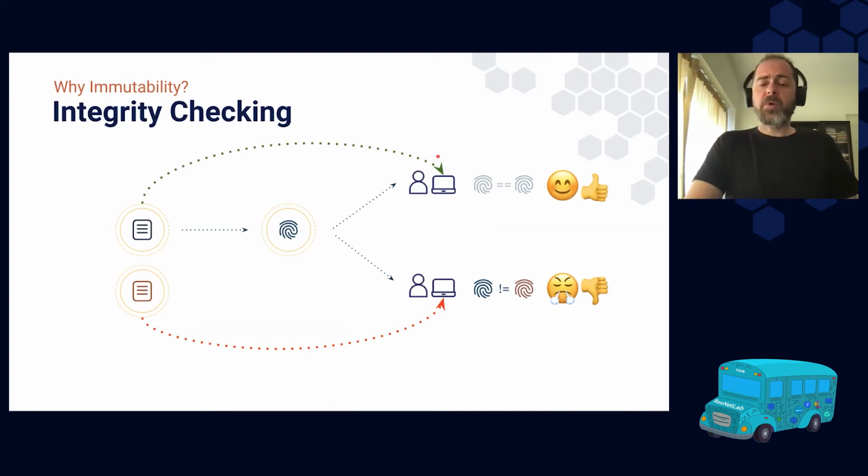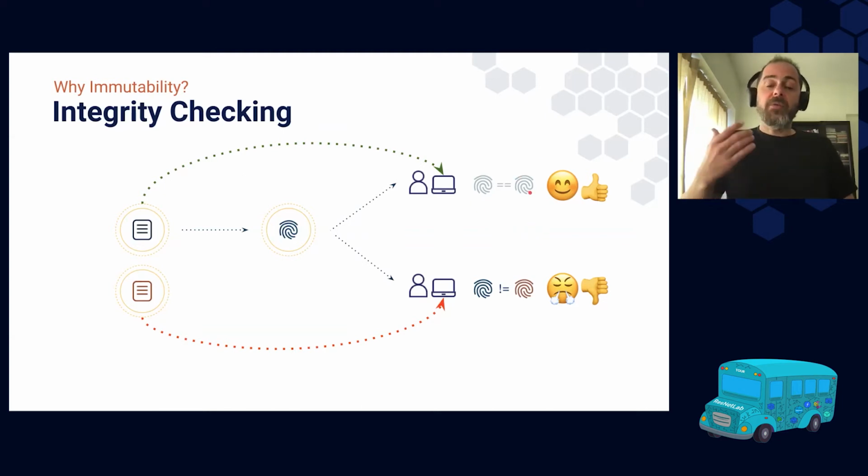They're going to request this fingerprint, this CID, from the network. They're going to receive this data, and what they can then do is apply the same hash function to the data that they have received, and then compare the resulting hash of what they received to the one that we have sent them and that they have requested from the network.